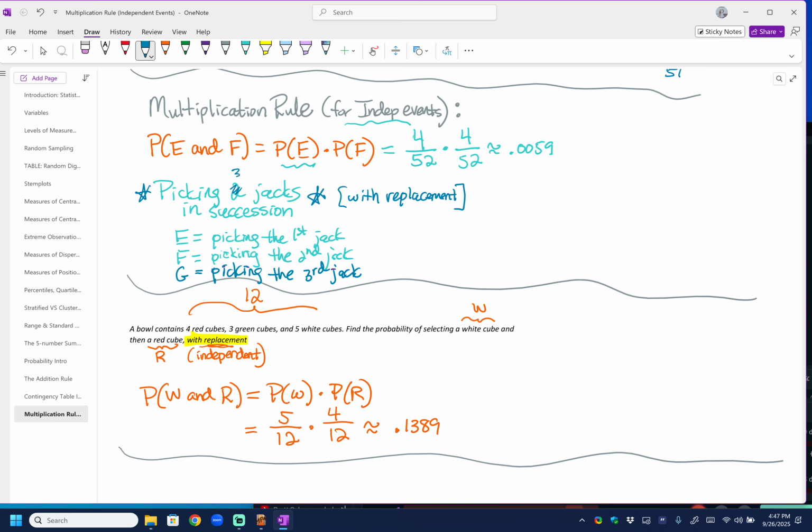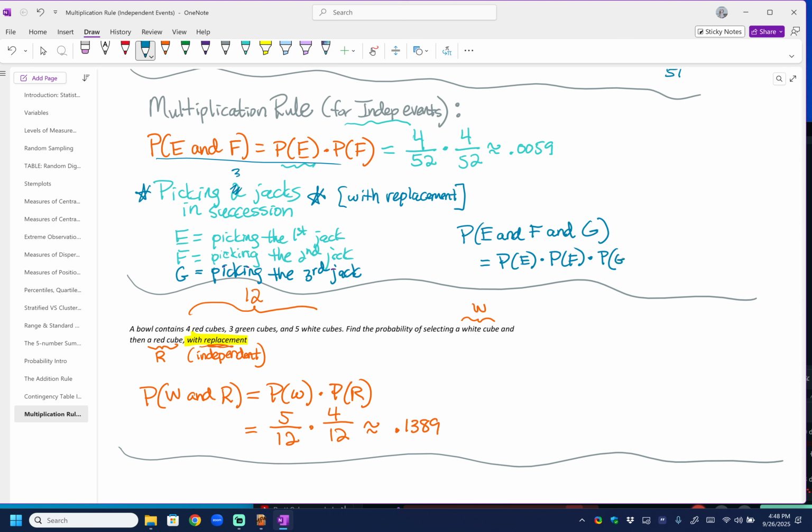Well, let's look at our formula. We would start with the probability of E, and then F, and then G. So it looks a little bit different than our original, but it's just an extension, which would be, if they're independent events, literally the product of all the individual events themselves.